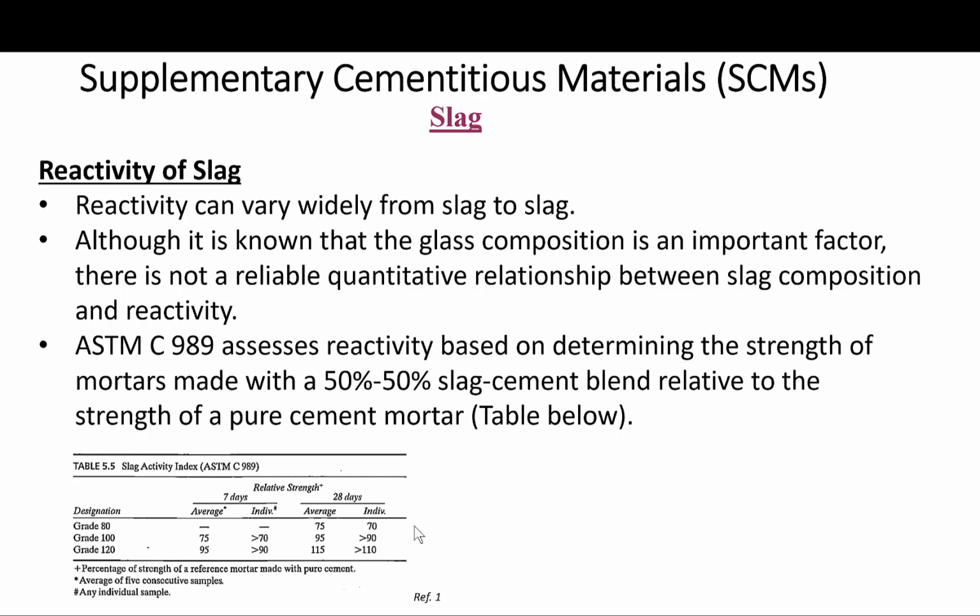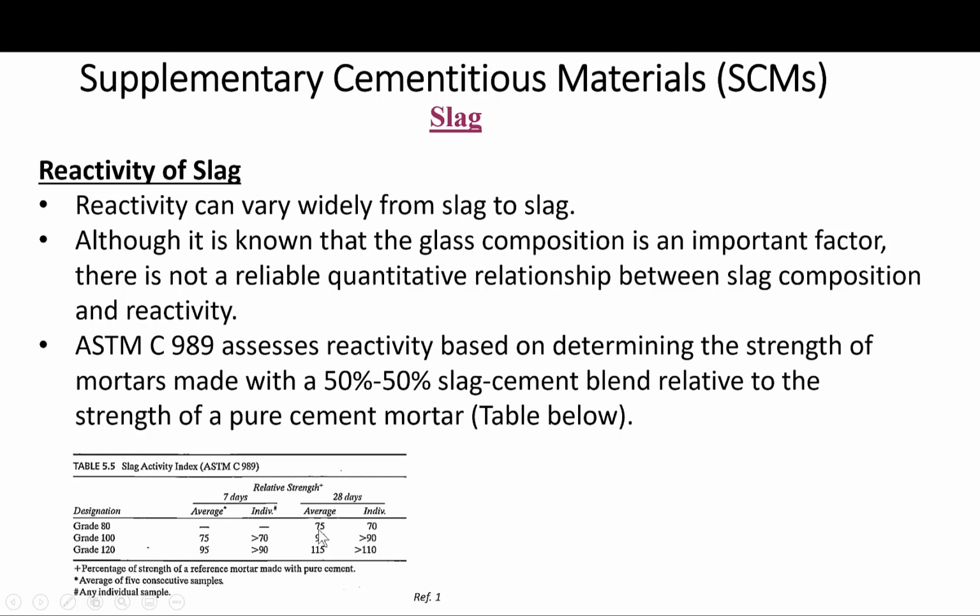ASTM C989 assesses reactivity. Remember, this is the one I talked about before. It assesses reactivity based on determining the strength of mortars made with a 50% slag, 50% cement blend, relative to the strength of a pure cement mortar, as you can see here. At 7 days, there is no requirement.